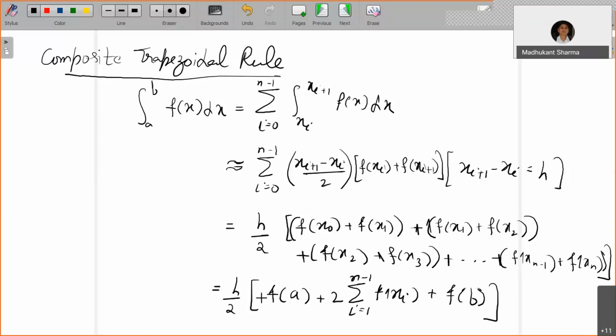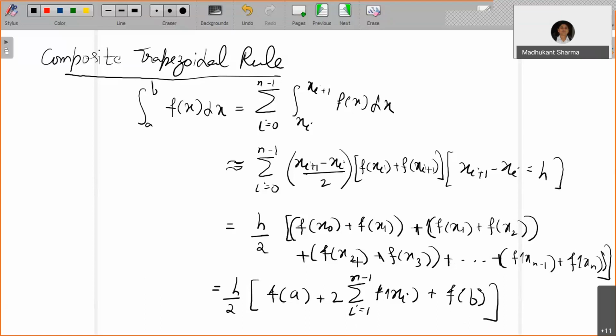So this is the trapezoidal rule. If you have been given tables x0, x1, x2, up to xn and the corresponding f values, you can fit the data into it, and we have seen that it is going to be exact for polynomials of degree less than or equal to 1.